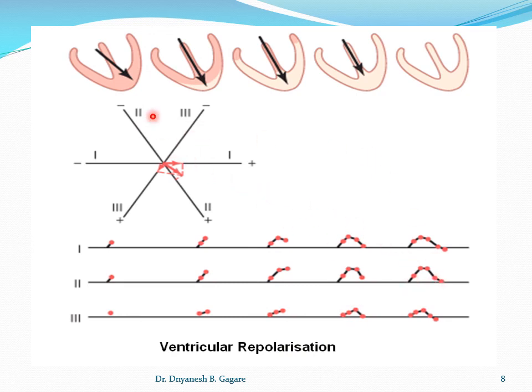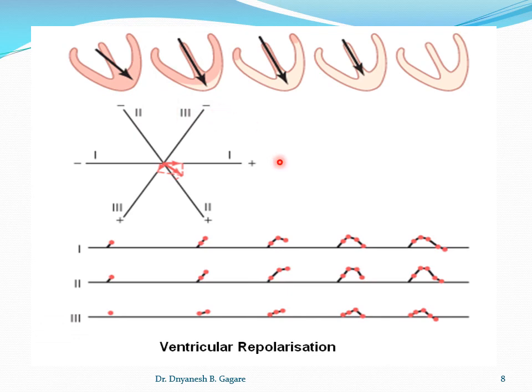That means the part of the ventricle which is depolarized at the end will repolarize first, and that's why in this diagram you can see that this is the wave of repolarization. That means repolarization is from apex to the base.